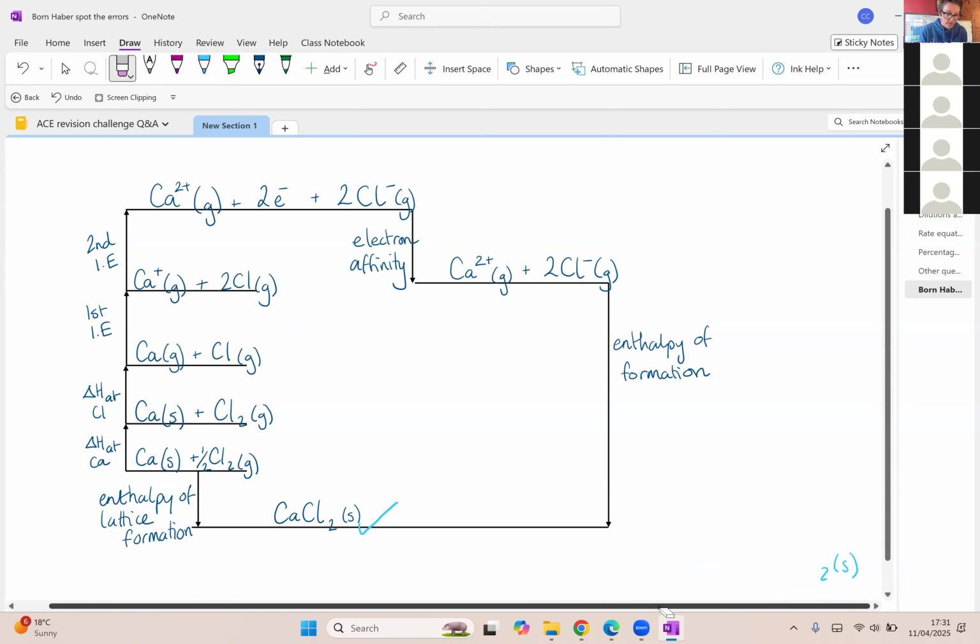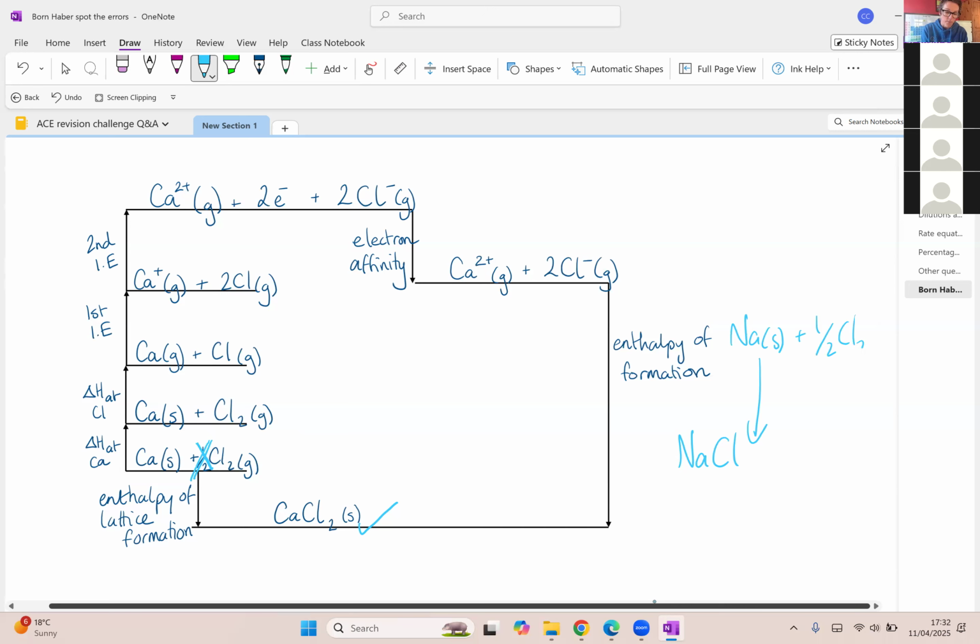So I've given a little bit of a clue there. The balancing is wrong on this first line. So there should not be a half Cl2. We're only going to do that if there is one atom in the compound. So for example, NaCl, we would have to have Na solid plus 1/2 Cl2.